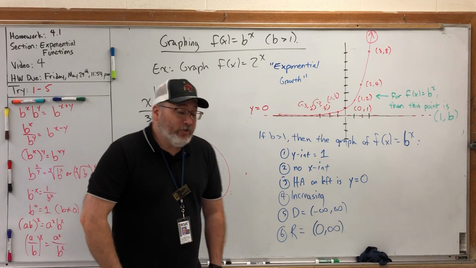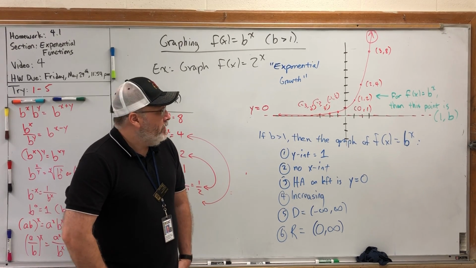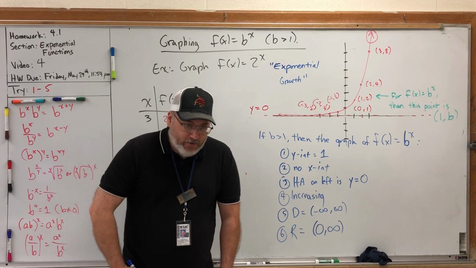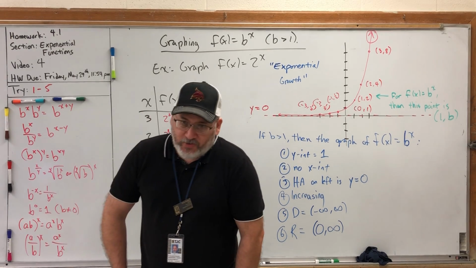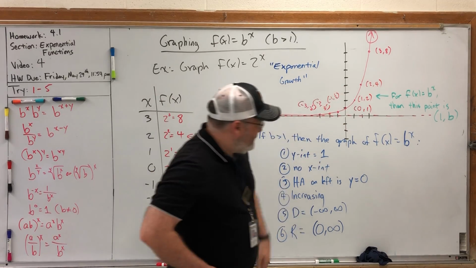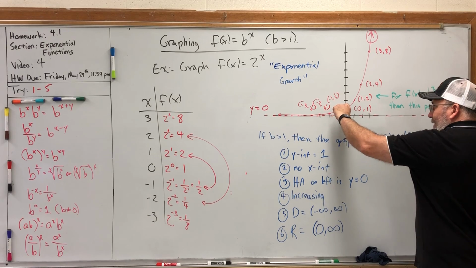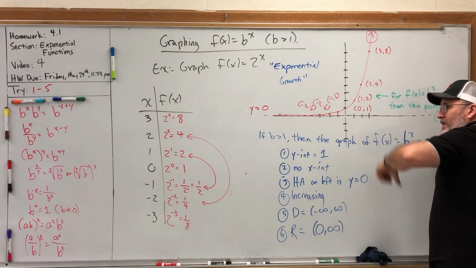Well, the one that's probably most important to you is investments. If you have money that you invest and it grows a certain percent per year, your money grows like this. The growth starts out slow, but over time, the growth rate starts speeding up.